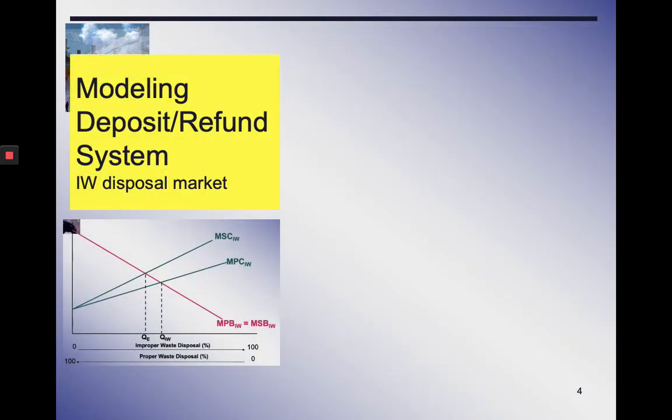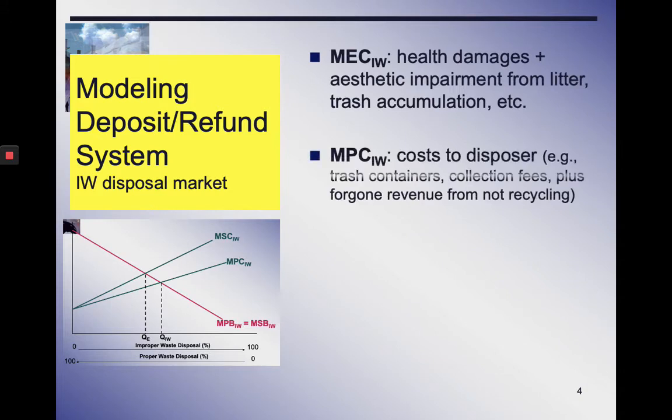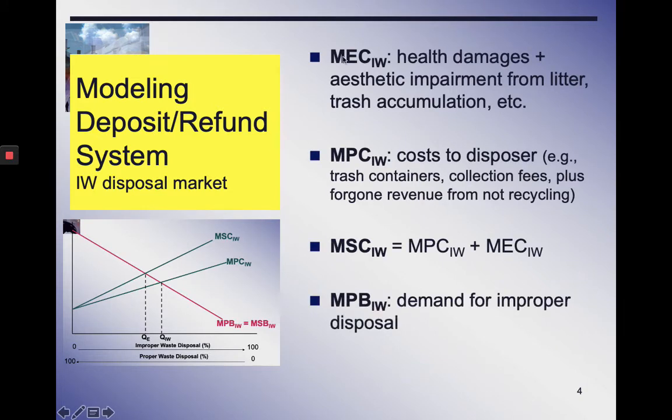In terms of modeling it in diagram form, we use the model of proper and improper waste. Here we have the normal marginal private benefit function and the marginal social benefit. The social and private benefit function is the same. This is private benefit or social benefit for improper waste.